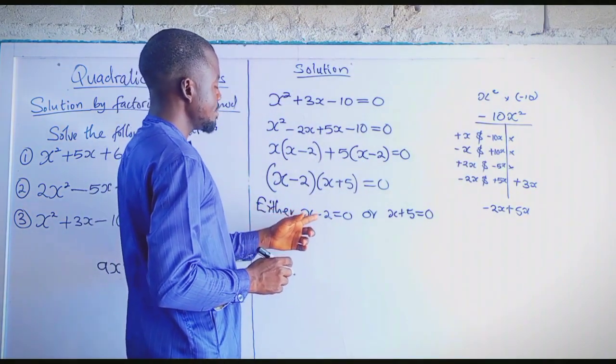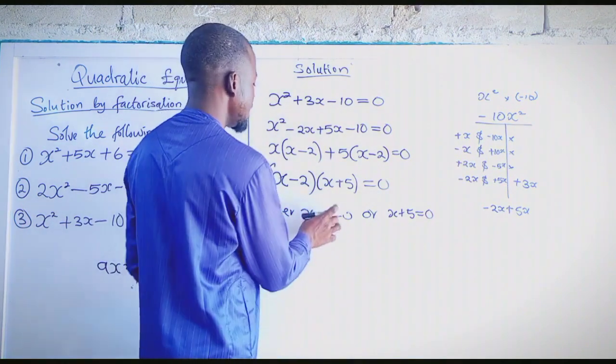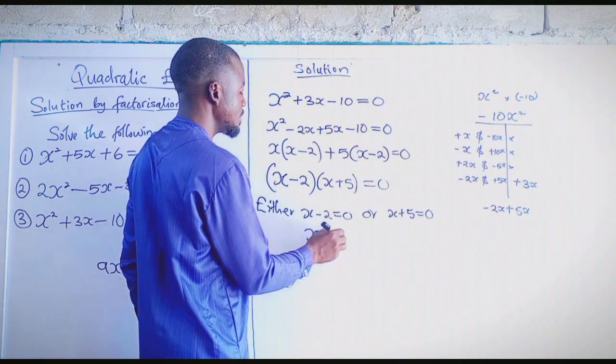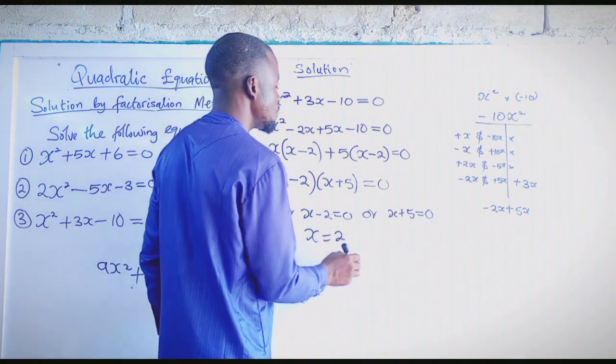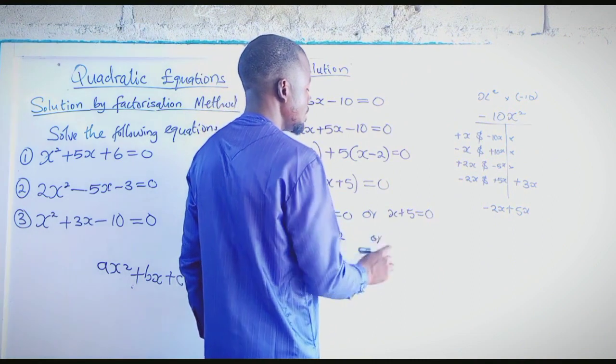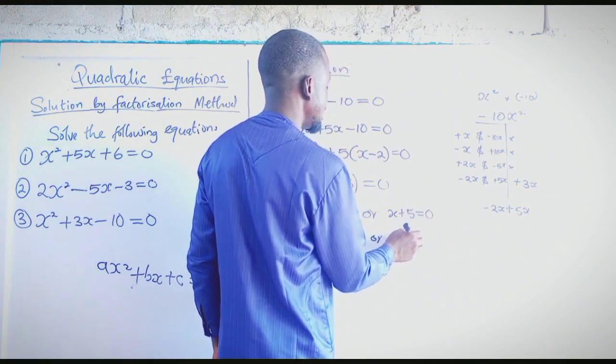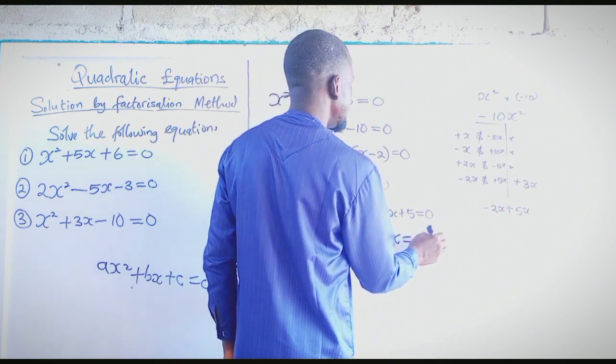If x minus 2 is equals to 0, we take minus 2 to the other side, and it results to x equals to 2. Or we take plus 5 to the other side, and x becomes equals to minus 5.